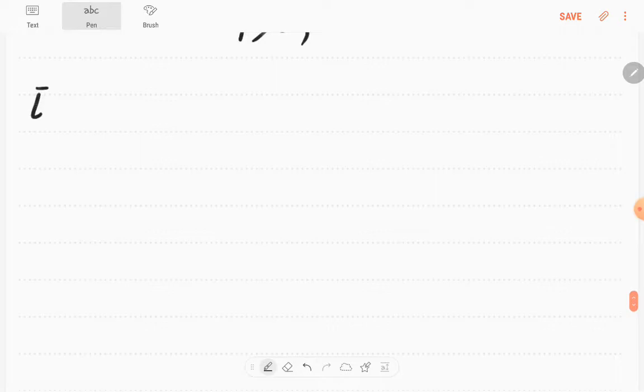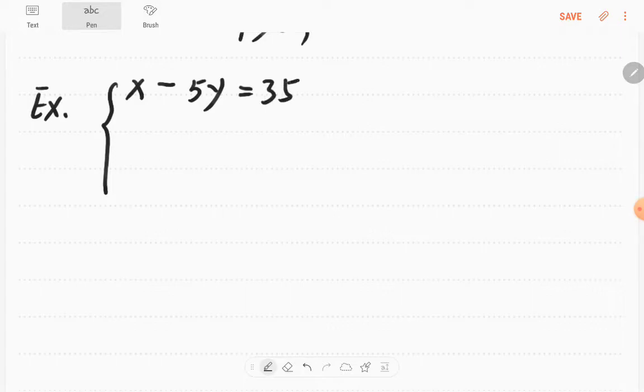So now let's look at the next example. This is x minus 5y equals 35 and 5x minus 4y equals 28.